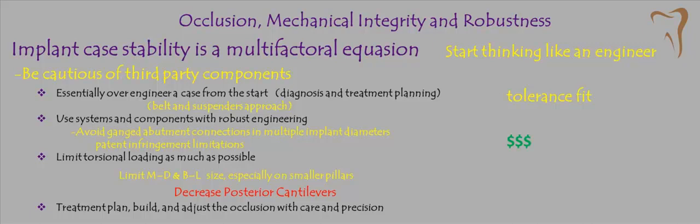Two other factors I'd like to touch on for a moment. One thing I try to shy away from is ganged abutment connections. Do you notice that the two cases I showed were both single units? And I see a lot of single unit breakage in the posterior.